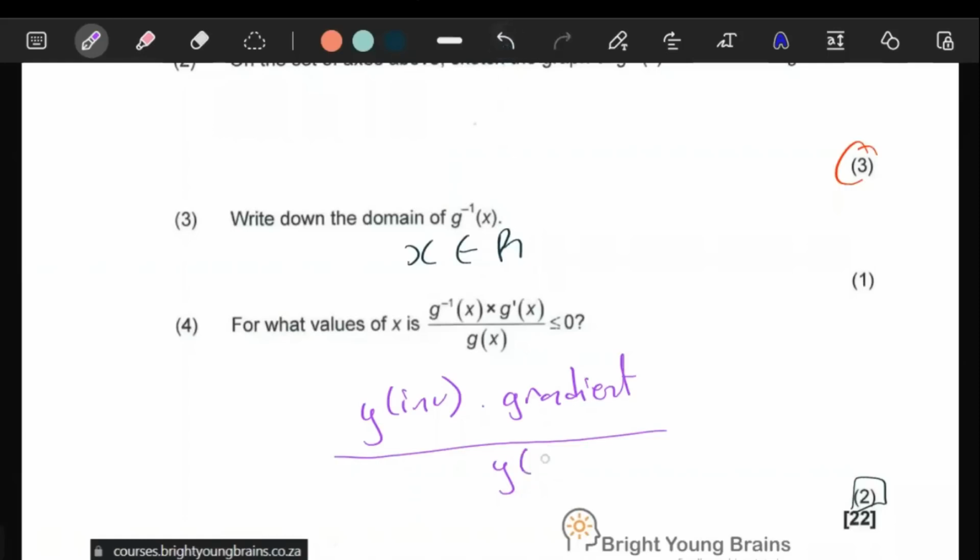Here, they're talking about the y values of the inverse of G. And then here they're talking about the gradients of G. And then here they're talking about the y values of G.